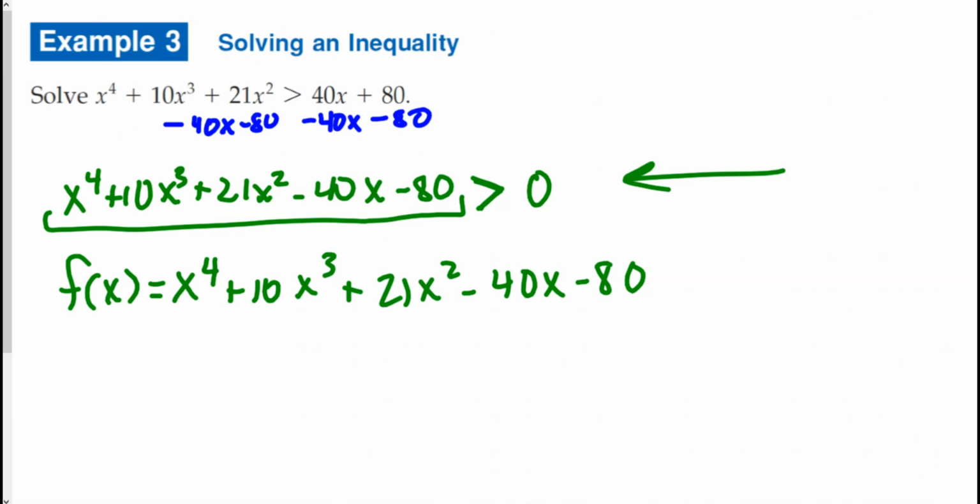Now, let's go back for a second. This inequality that we set greater than 0 is this whole function which we just graphed. So what we want to know is, when is this function greater than 0? And greater than 0 means it's above the x-axis.